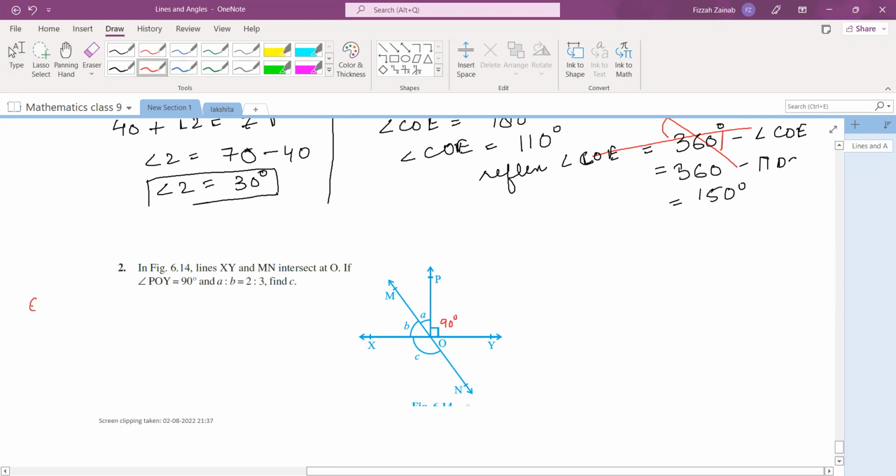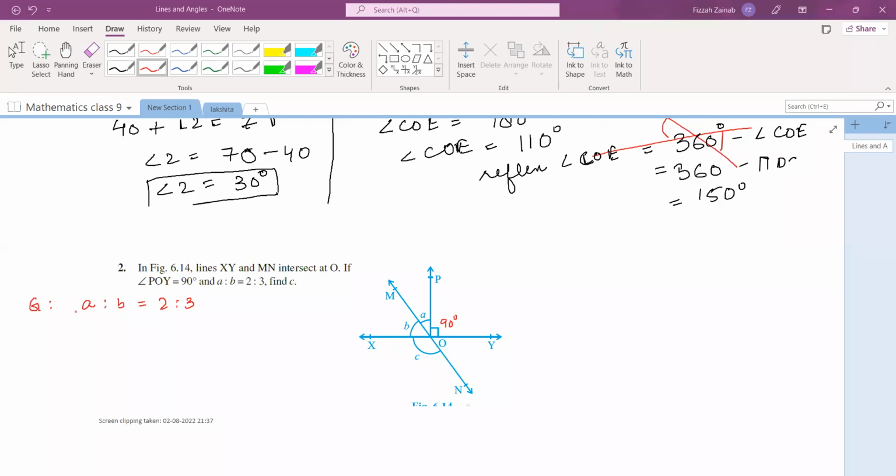So what is given in this problem is that A is to B is equal to 2 is to 3. You have to find C here.